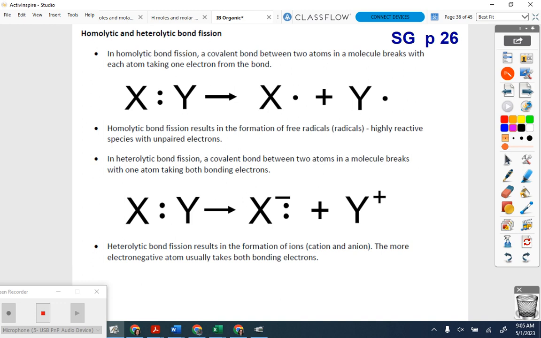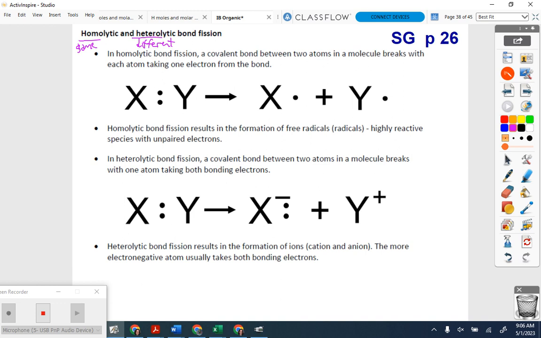So, homolytic and heterolytic. Just like with homogeneous and heterogeneous mixtures, or homozygotic and heterozygotic in biology, homo means same, and hetero means different. Okay?